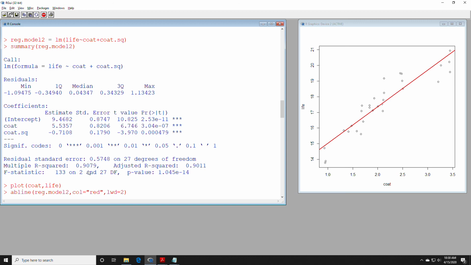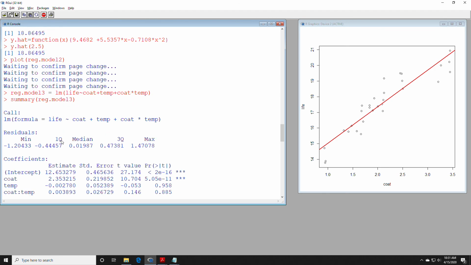So it captured about 91%, about 5 to 6% more of the variability in Y by including this term. And clearly we can see it's significant, and that's not a trivial amount of variability captured by adding that. So that's also kind of evidence that maybe the squared term was needed.